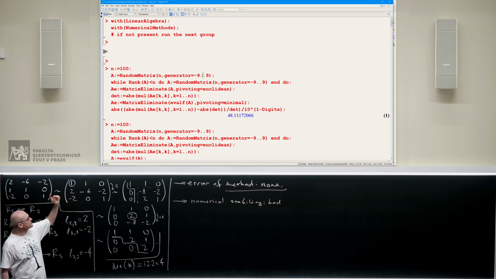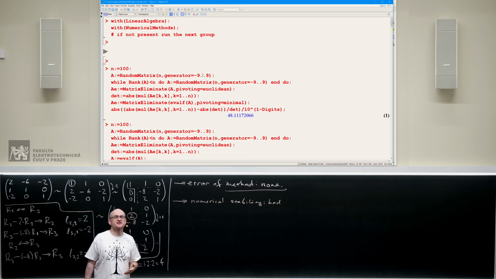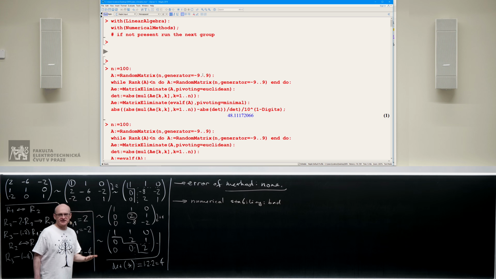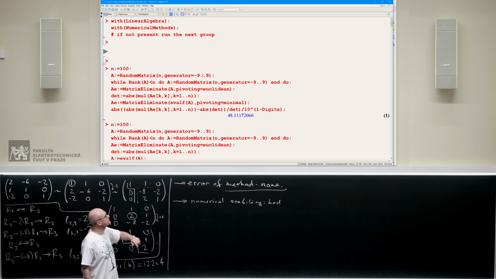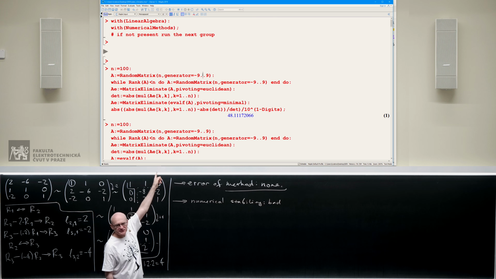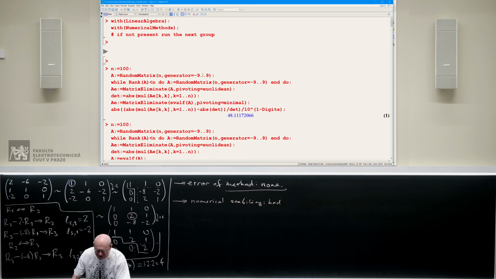This is an interesting message, which we will address in the next lecture, that matrices differ in their, let's say, sensitivity or their fitness for elimination. Some matrices work with elimination really well regarding the numerical errors. Like this matrix. This is a good matrix, only 50 times larger error. So this matrix is good for elimination. The previous one was not very good.